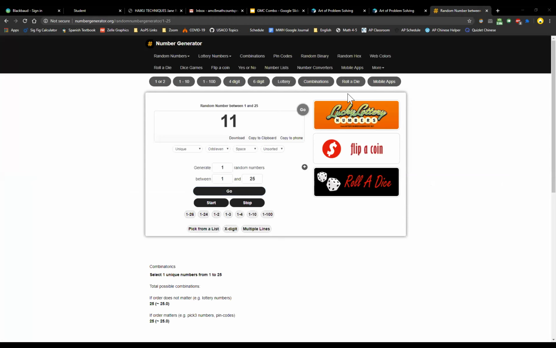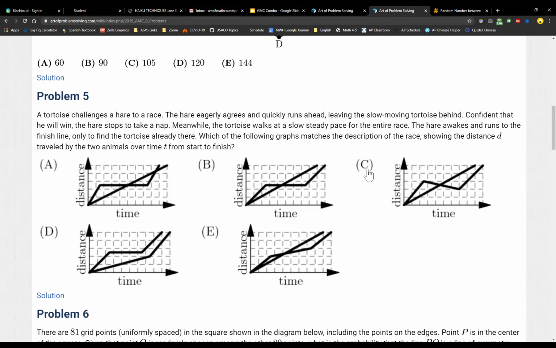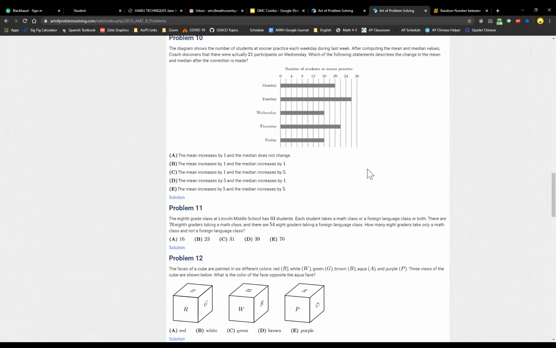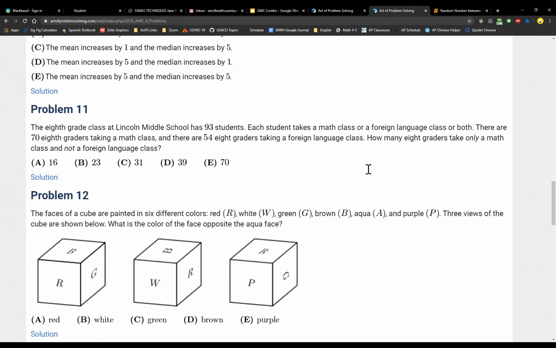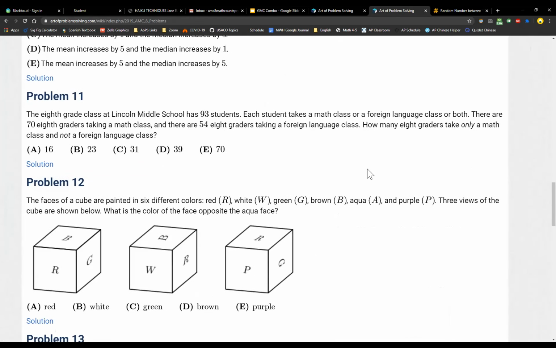11. Wait, after this problem, I might do a math. Should I do Mathcounts, or should I do AMC 8? So everyone type in the chat either Mathcounts or AMC 8.